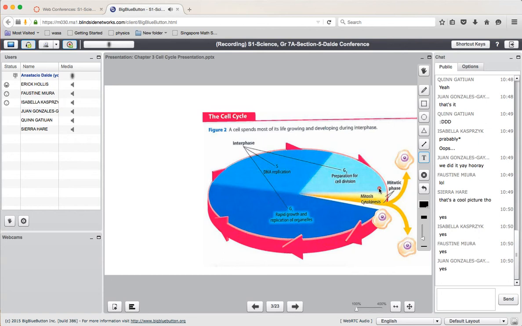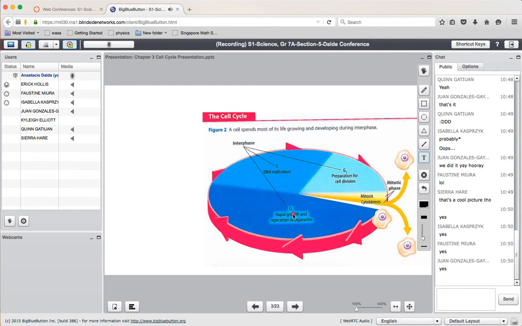And what happens during the interphase? Well, we can break this interphase up into 3 parts, okay? There's the G1 part, the S part, and then the G2 part. So G1, how come it's called G1? Well, to me that means it's the first stage of growth. So call it G1. Does that make sense?